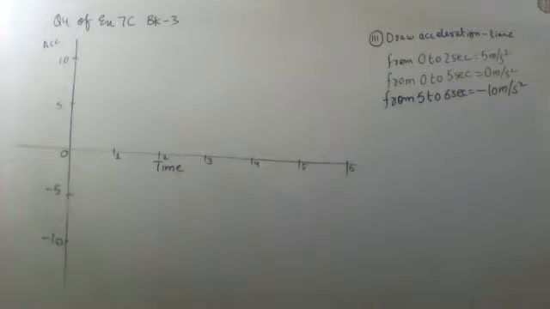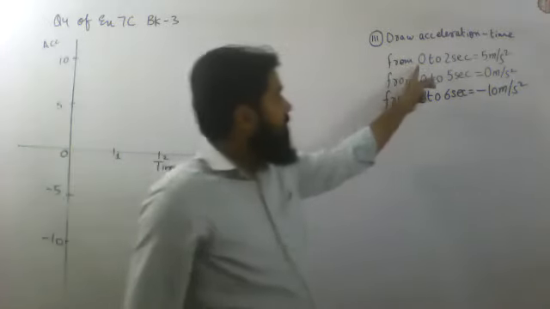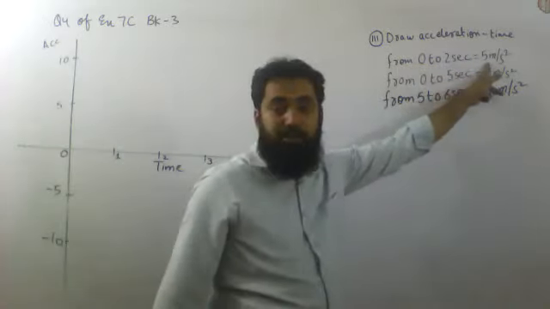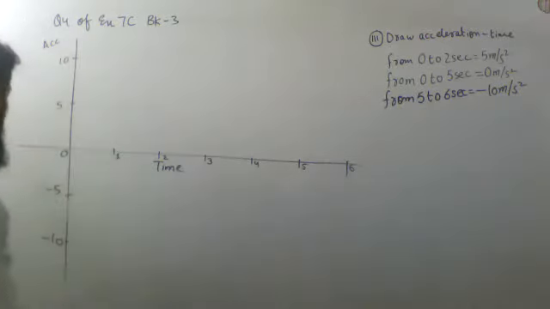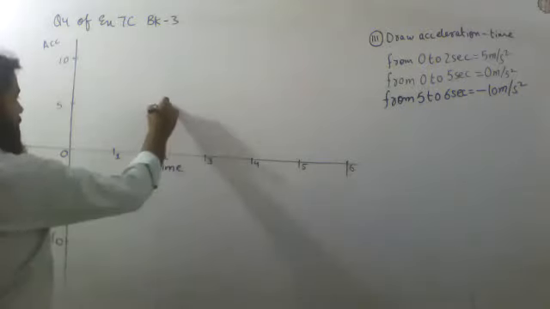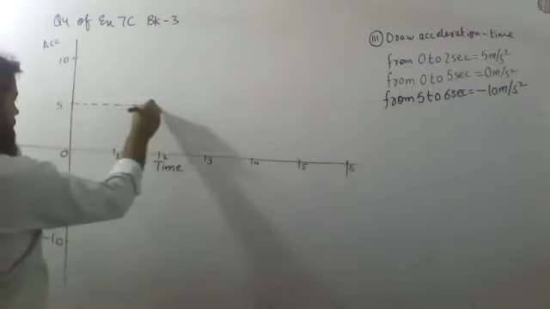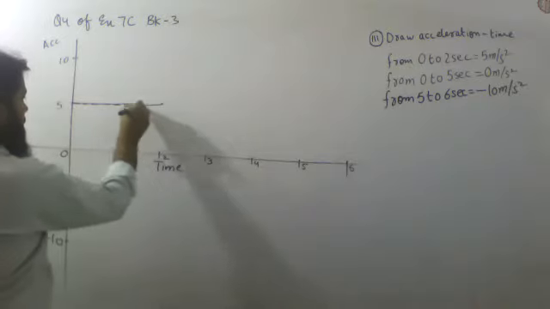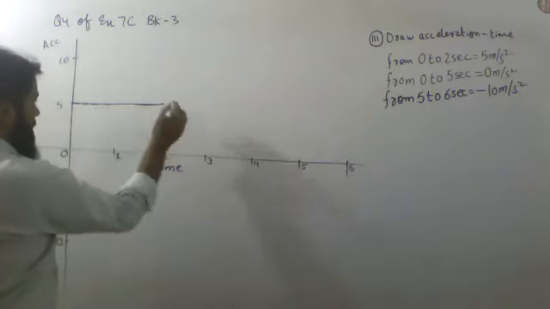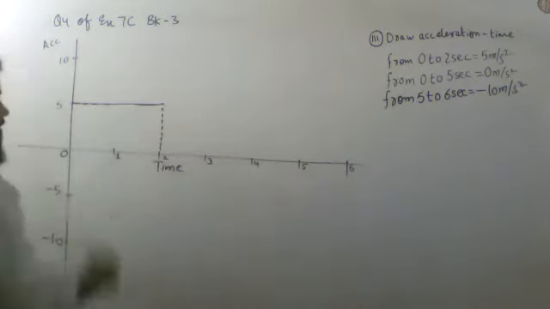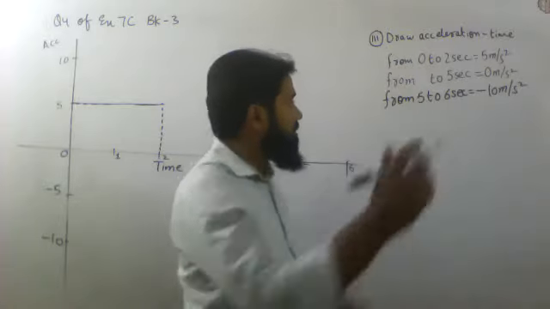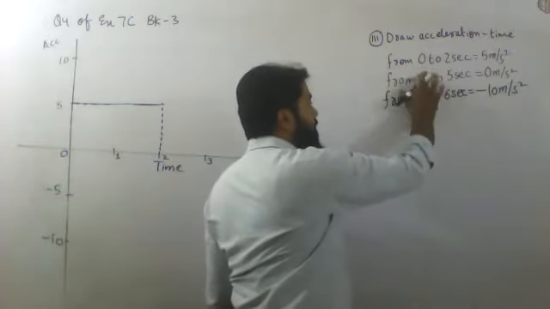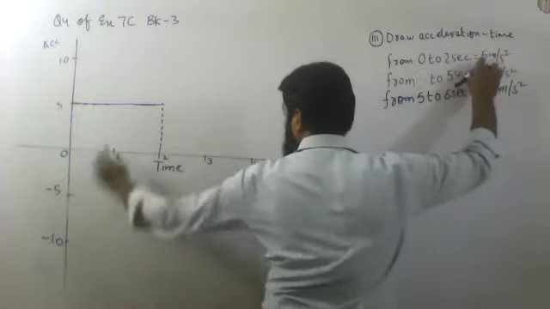Okay? So now, from 0 to 2 seconds, it is 5 meter per second square. Constant acceleration. Right? Sorry, previously it was from 2 to 5 seconds, because 0 to 2 it was 5 meter per second square.